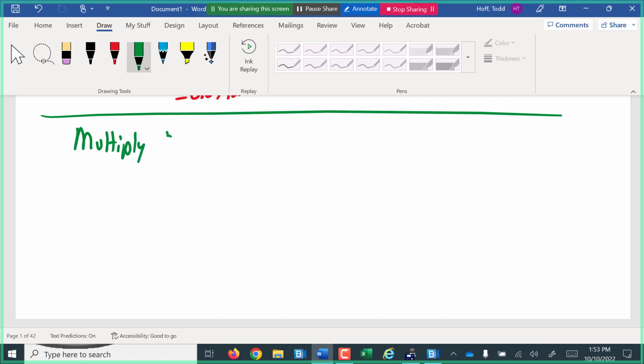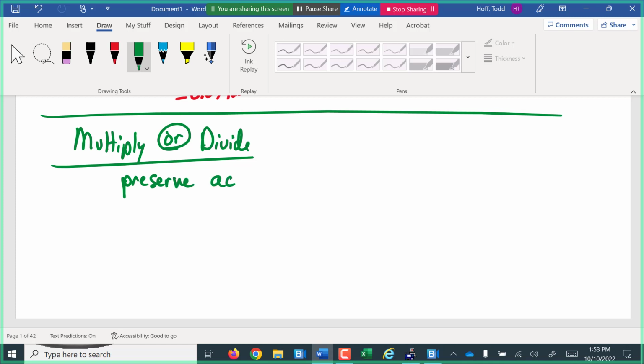When we multiply or divide, we are worried about accuracy. Remember, accuracy is the number of significant digits in a measurement.